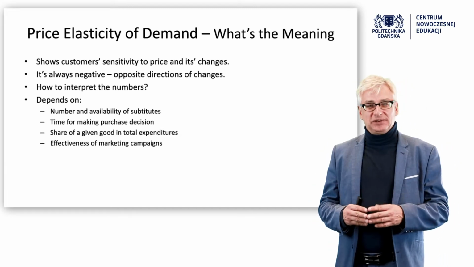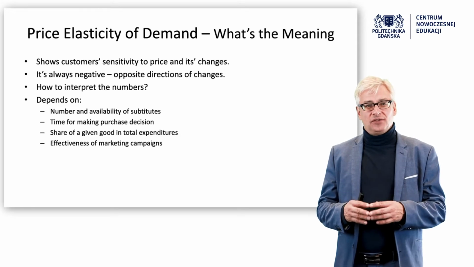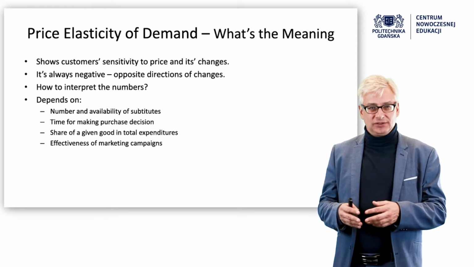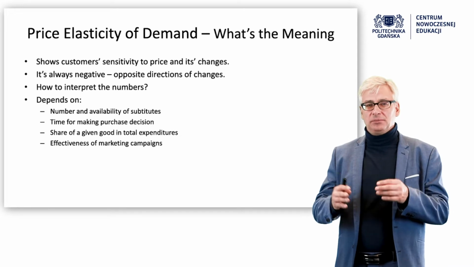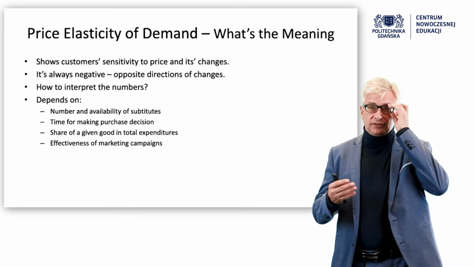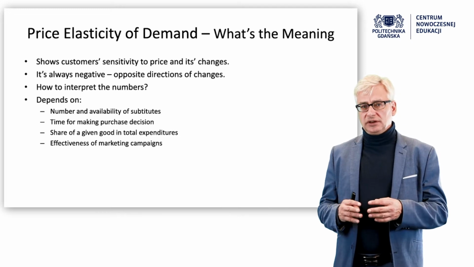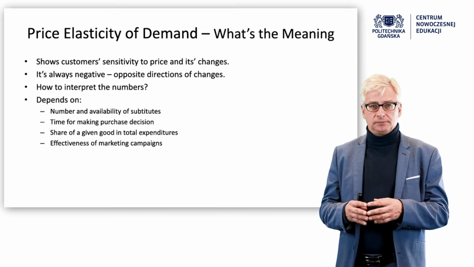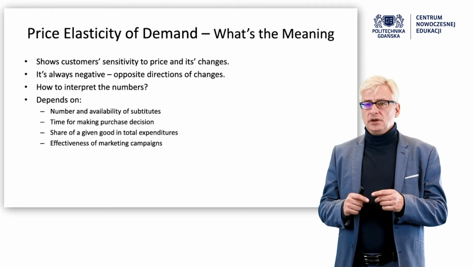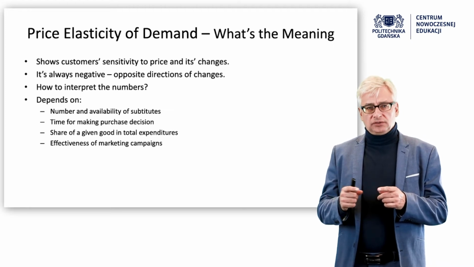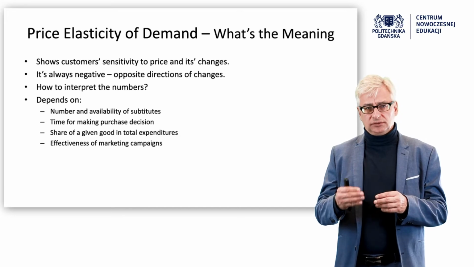The next factor that we need to take into account is the share of expenditures on a given good in your total expenditures. Seems a bit complicated, but it is as simple as your attitude towards the price of table salt. I believe that you do not really know the price of table salt. This is because you are pretty insensitive to this price.